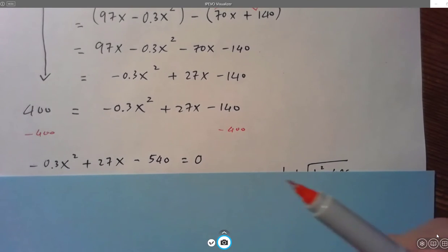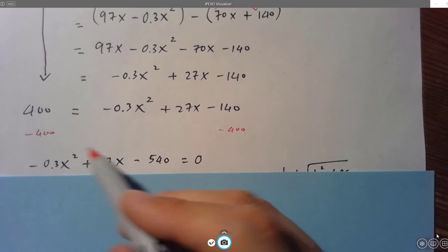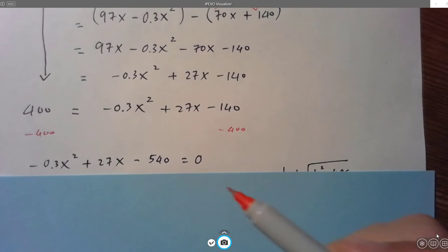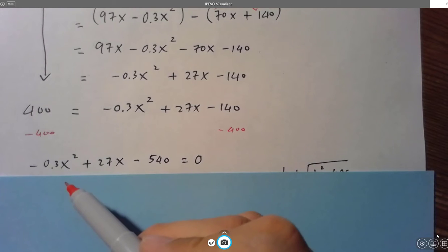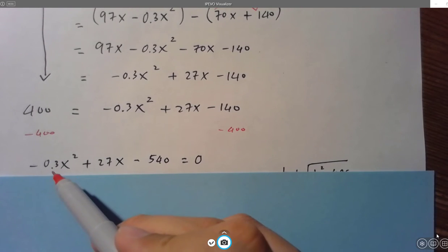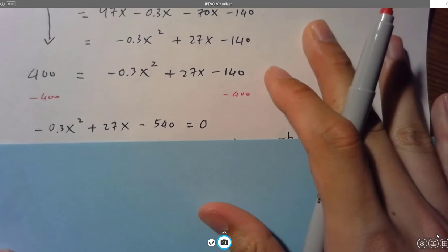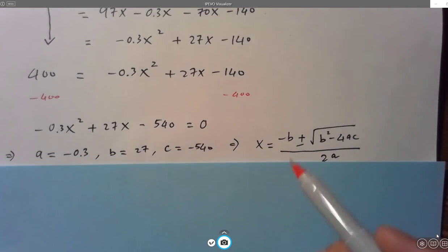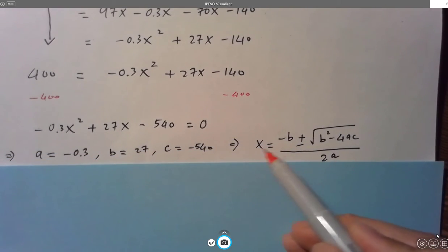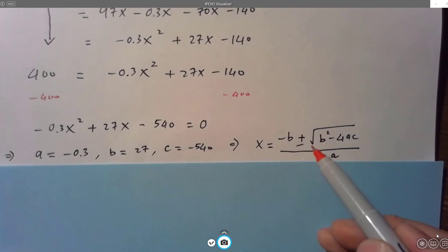Okay, this is the quadratic equation, and you need to solve for x. We can use the quadratic formula in this case, because it is not easy to do the factoring due to the decimal values for the coefficients. So we apply the quadratic formula: x equals minus b plus or minus the square root of b squared minus 4ac, over 2a.